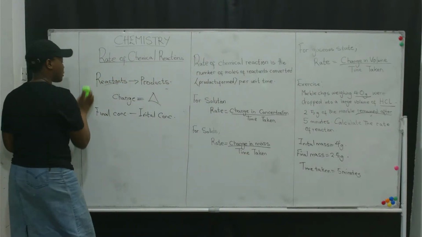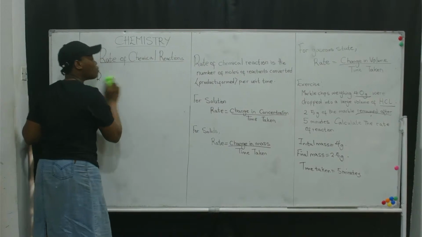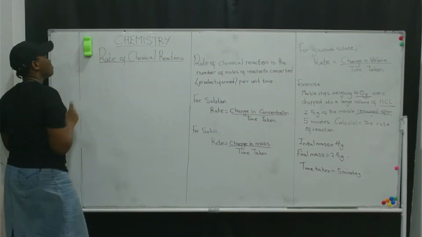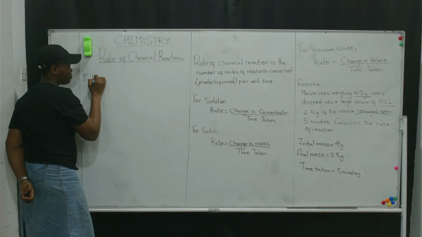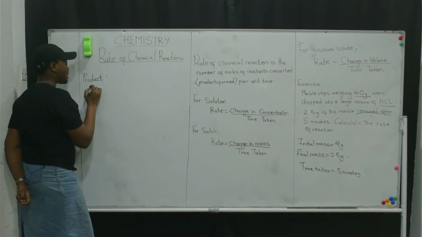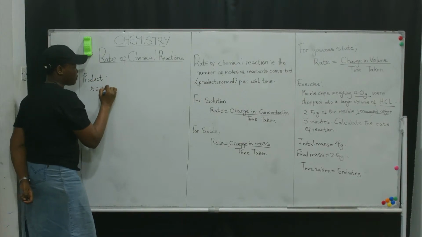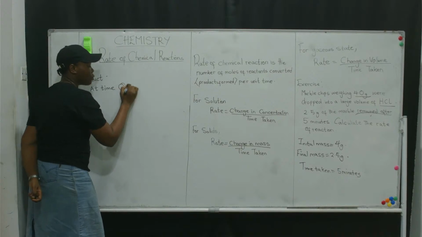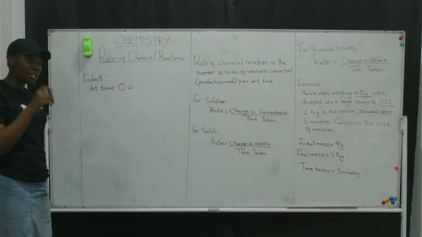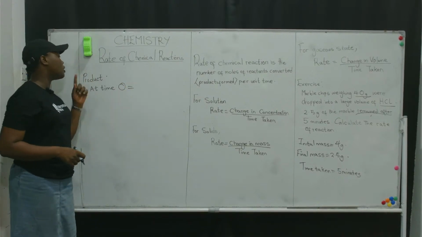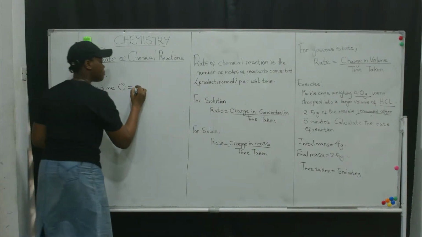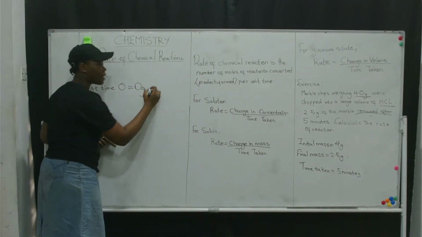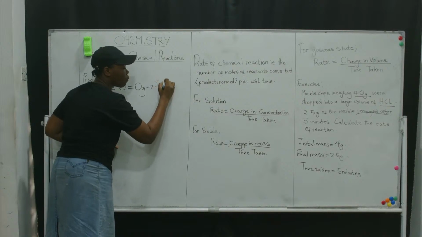Okay, let me write out something. For the product, at time 0, that means at the beginning of the reaction, what would be the mass of the product? 0 gram. And this will be regarded as the initial mass, right?